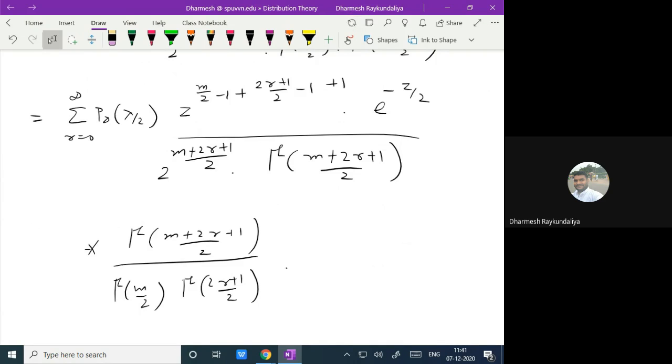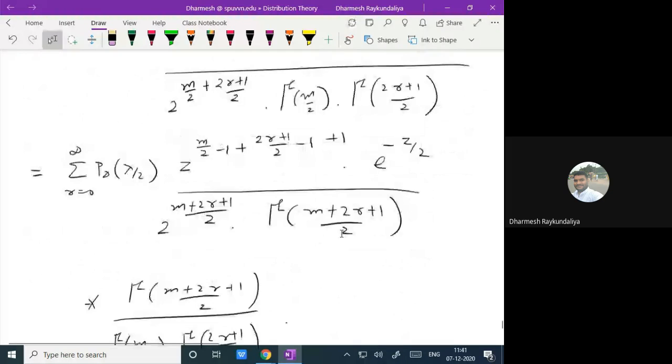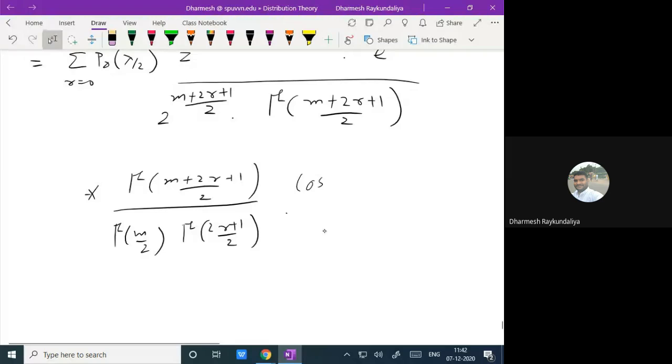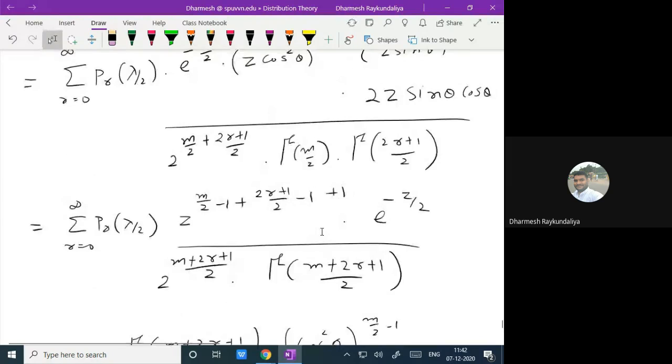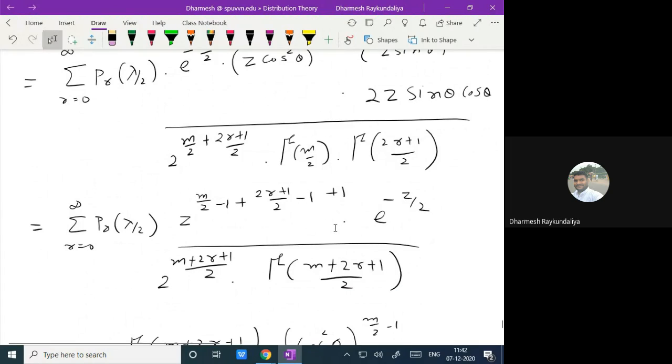And now I am writing the term of theta together. It is cos square theta raised to m by 2 minus 1. Here the power is 2, so one power will be added here more, but okay, we will see that later.